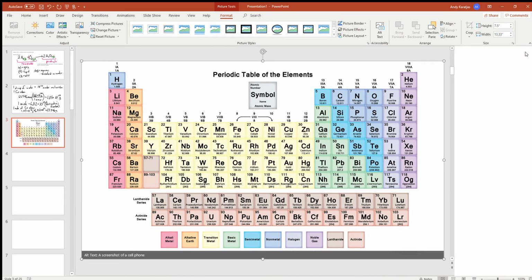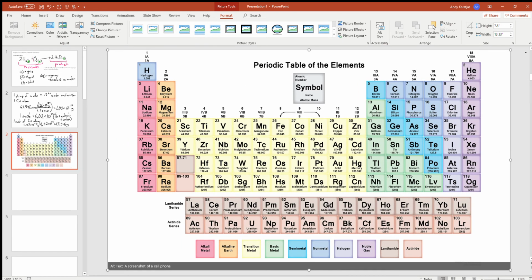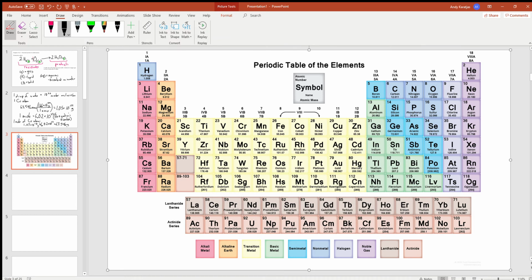So now let's say we had 1 mole of carbon atoms. What would the mass be? Well, all we have to do is look at the periodic table, and we find the mass of carbon, 12.011. And so we now know that 1 mole of carbon atoms will have a mass of 12.011 grams.